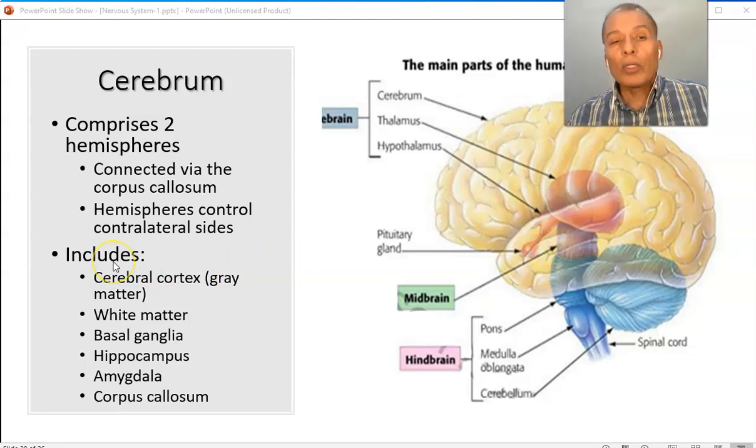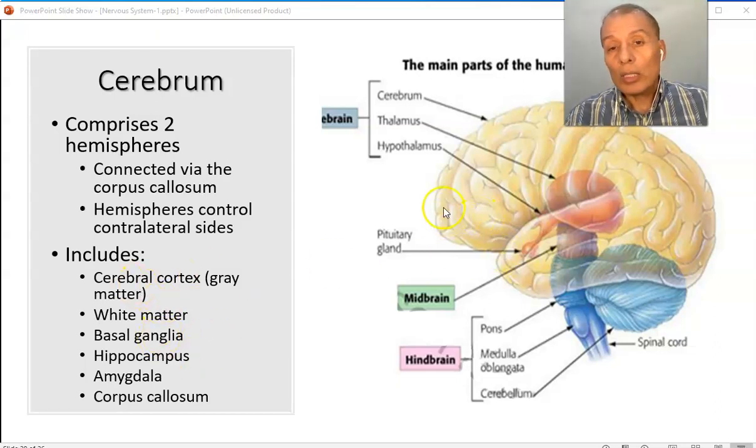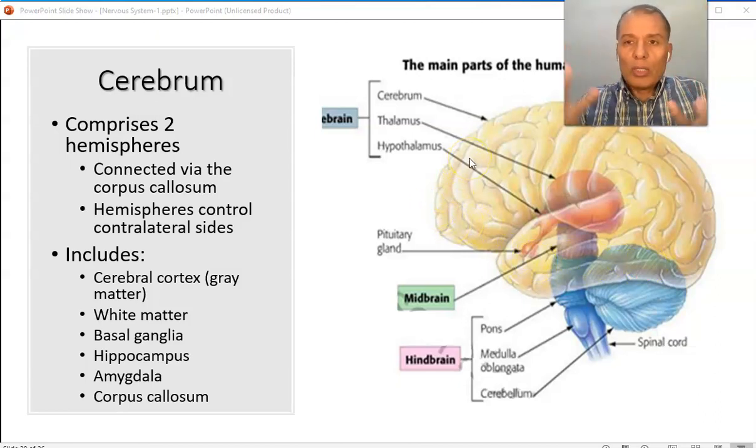The cerebrum is divided into the following parts, and you need to really keep track of this because your textbook might not address some of these. These are based on the most recent neurology sources. You have the cortex, the outermost layer of the cerebrum, and it wraps all around it.